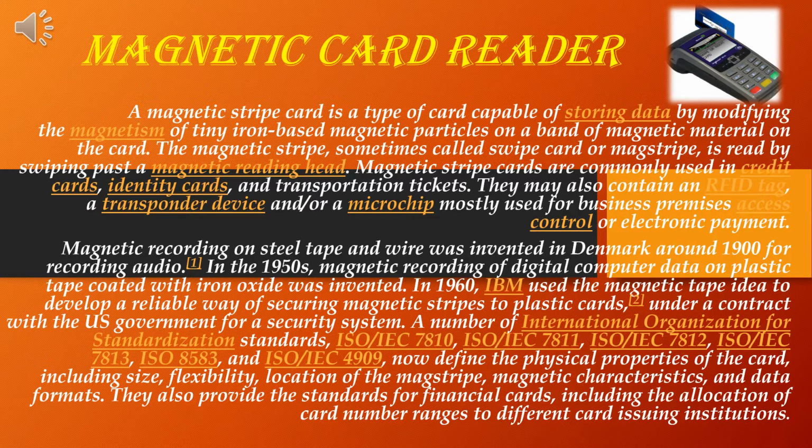Magnetic recording on steel tape and wire was invented in Denmark around the 1890s for recording audio. In the 1950s, magnetic recording of digital computer data on plastic tape coated with iron oxide was invented.